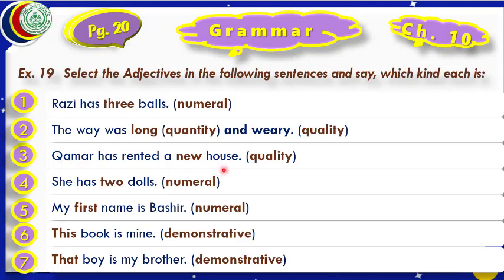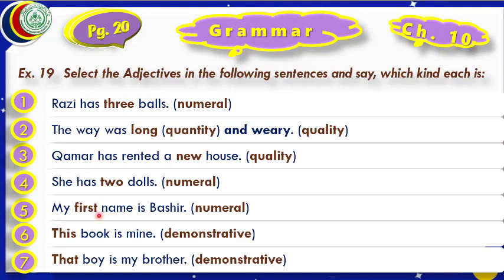Kamar has rented a new house. This "new" is an adjective and new is the quality of the house. She has 2 dolls. This 2 is an adjective and it is telling us how many. That is why this is a numeral adjective. My first name is Bashir, dear students.